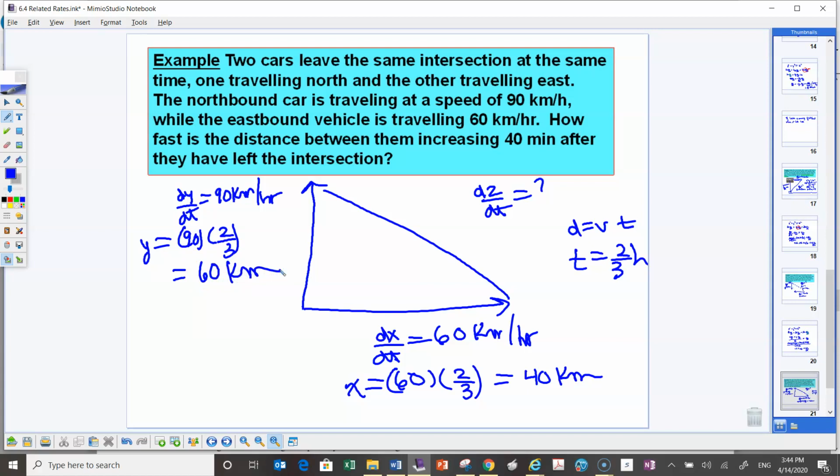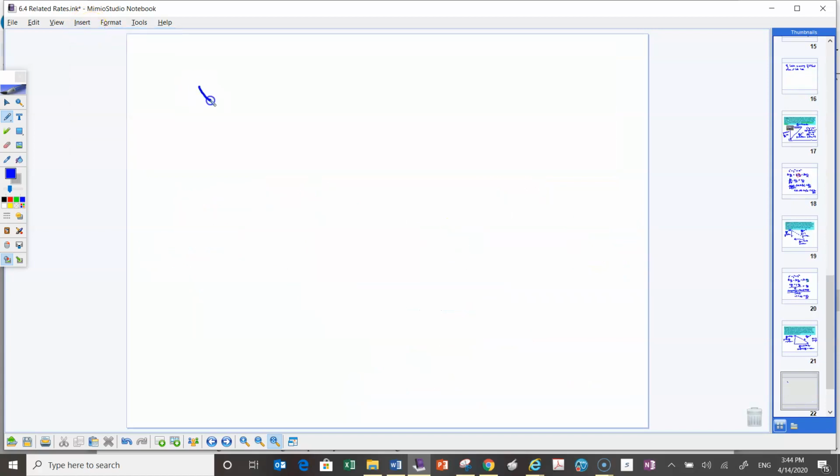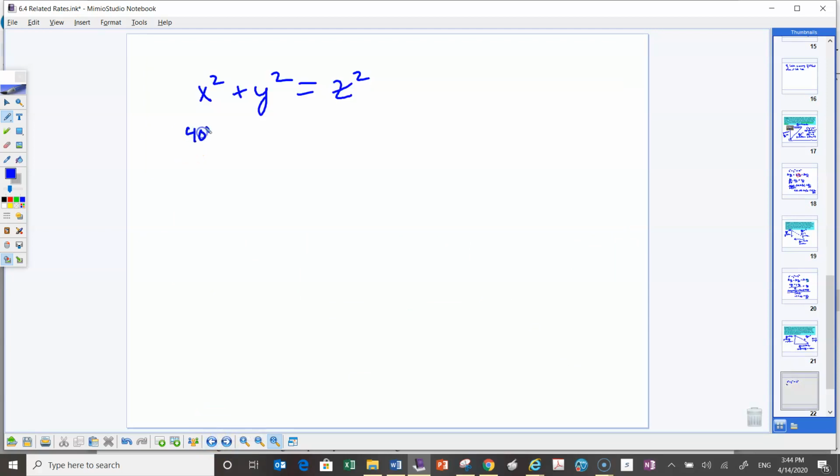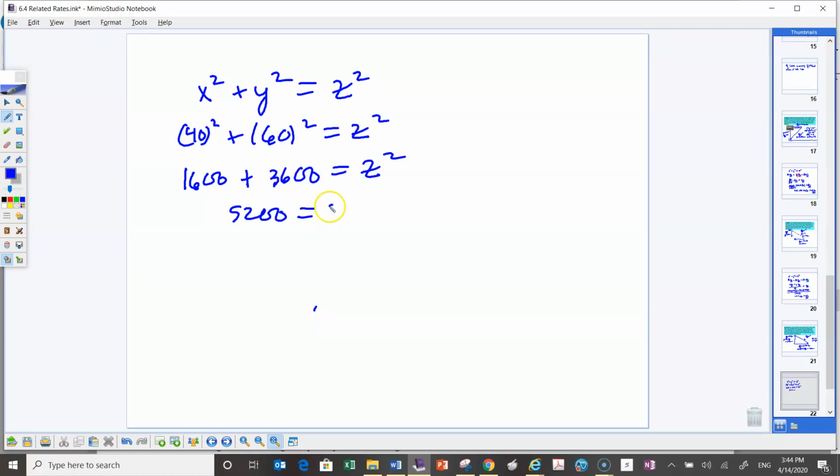So now I have enough information to find z. Using Pythagoras' theorem, x squared plus y squared is z squared. So 40 squared plus 60 squared is z squared, so 5200 is z squared.